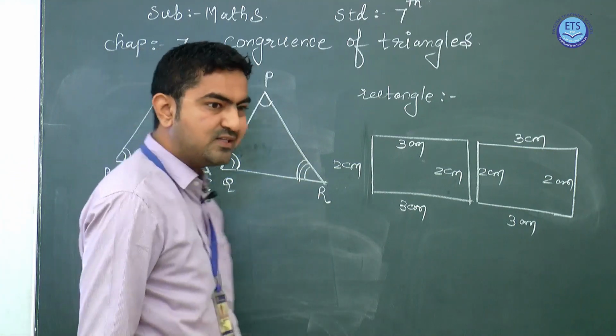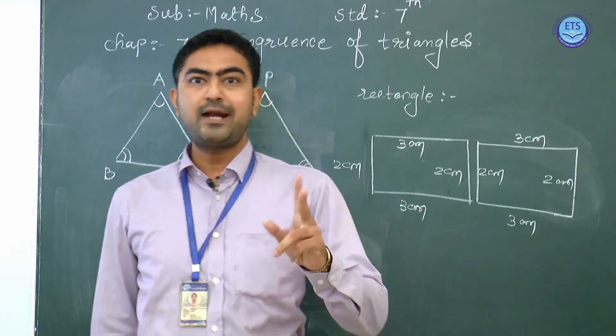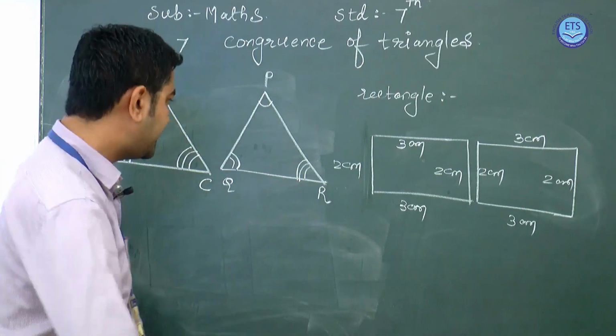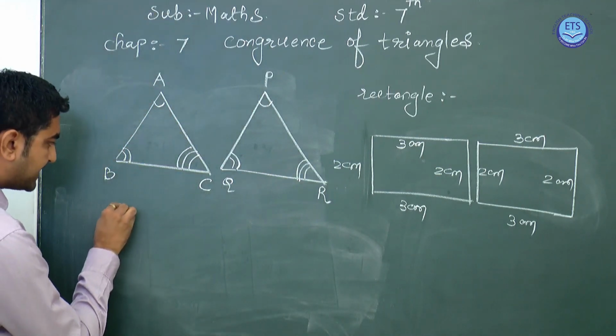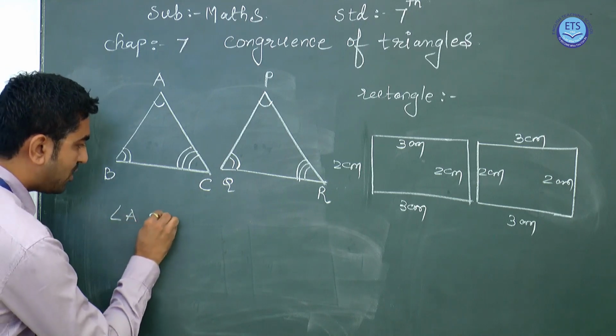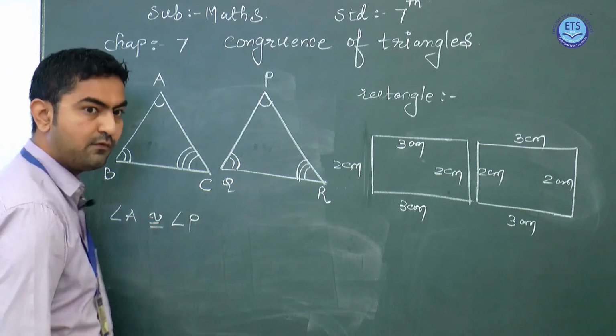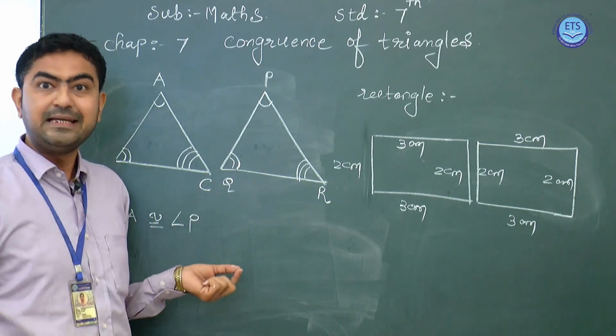So this is the first condition, for the angles of the two triangles ABC and PQR. You should write it as angle A is congruent to angle P. This is the symbol of congruence. Please remember this.